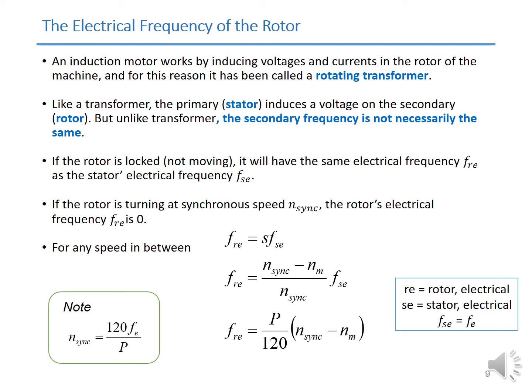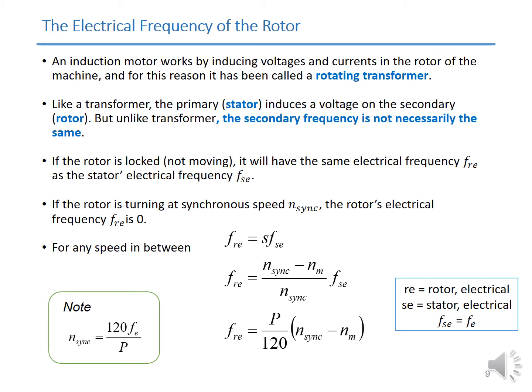In this case it will be exactly the same as a transformer, where the secondary is not moving at all, and the frequencies of both primary and secondary will be the same.